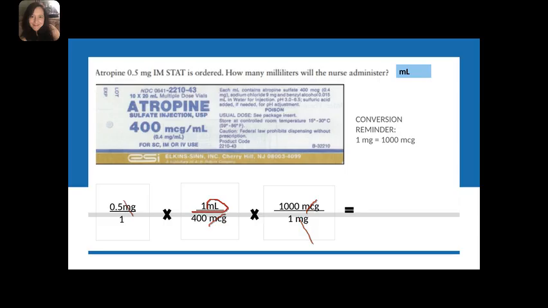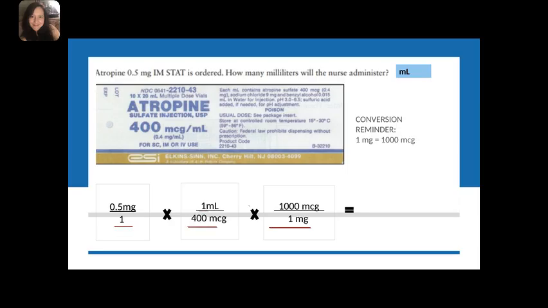We're going to continue the principles of fractions and multiplication, and we will multiply the numerators. 0.5, forget the milligrams, right? 0.5 times 1 times 1,000 gives me 500. We're going to do the same to the denominators. 1 times 400 times 1 gives me 400.